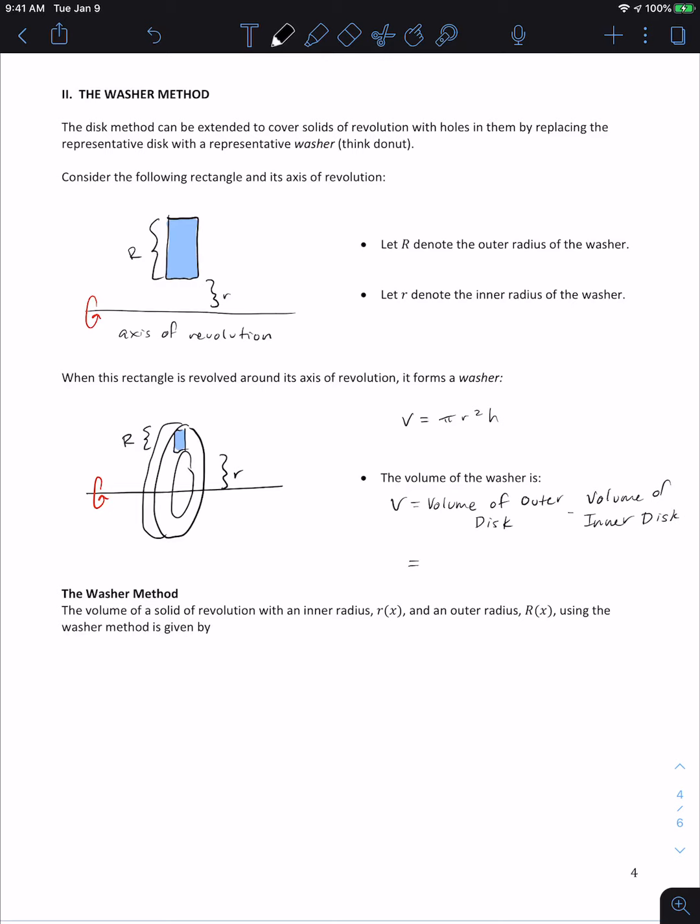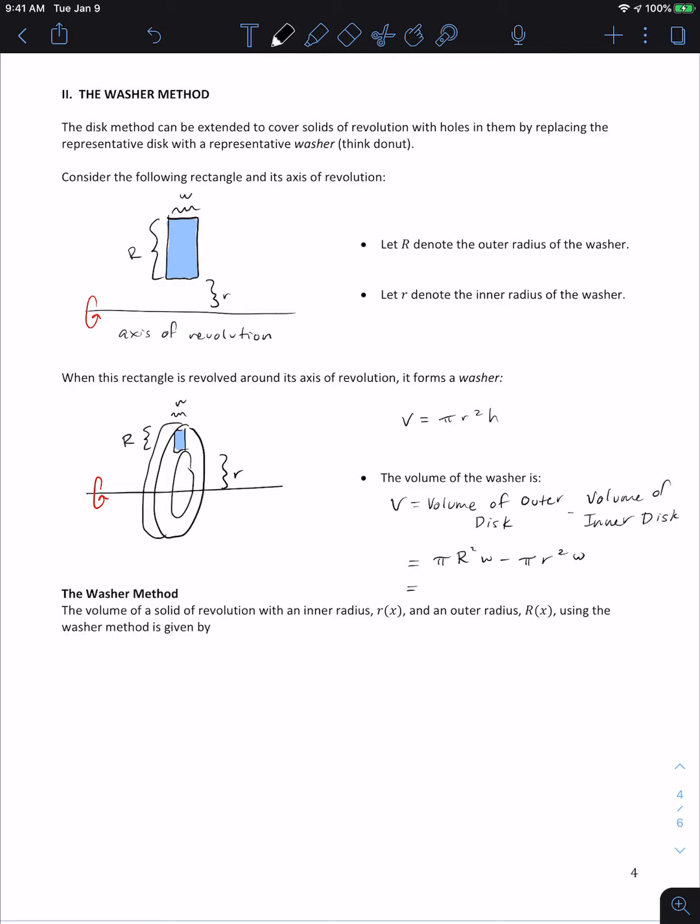What's the volume of the outer disk? It's pi times big R, because that's the radius of that one, squared, times the height, which in this case I should have labeled, I apologize. In each case, we'll still keep it as w. And then minus, what's the volume of the little one? It's pi times little r squared times w.